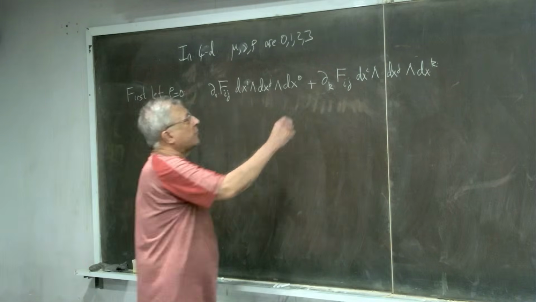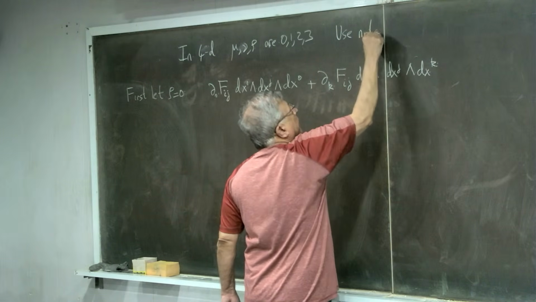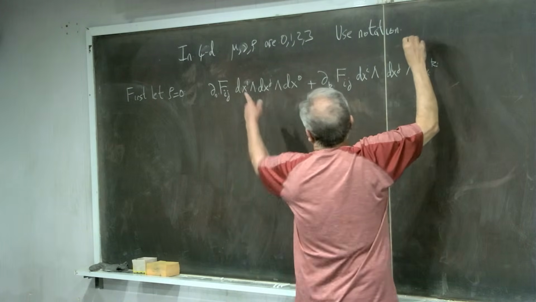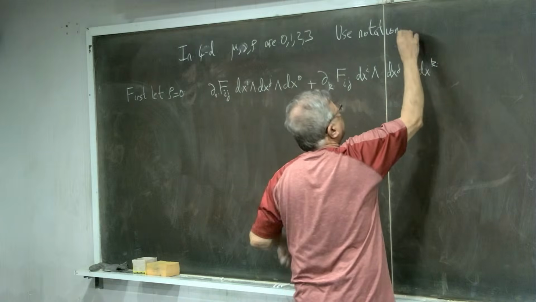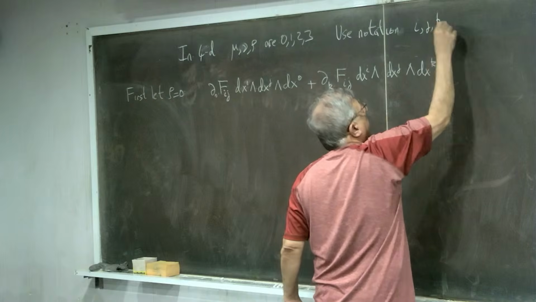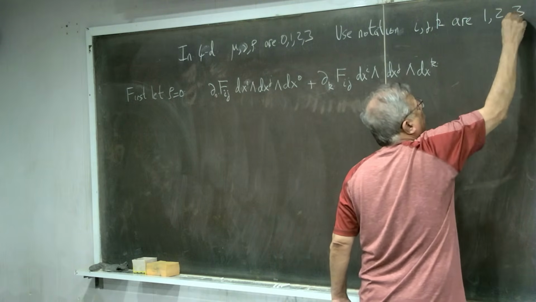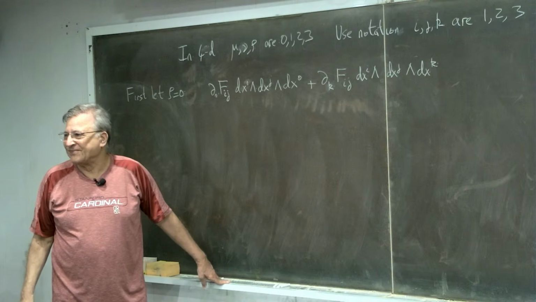So we use the notation that mu, nu, rho are 0, 1, 2, 3. i, j, k are 1, 2, 3. That's a good way of avoiding confusion.